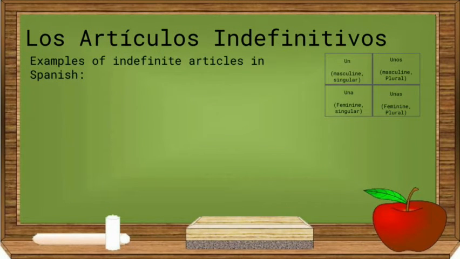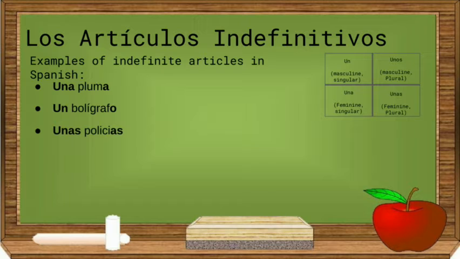Some examples of indefinite articles. Algunos ejemplos de los artículos indefinitivos. Una pluma, a pen, un bolígrafo, also a pen. Unas policías. This can be like some policemen, some police. Sounds a little weird, but it can work. Un mono, a monkey. Unos pianos, some pianos.